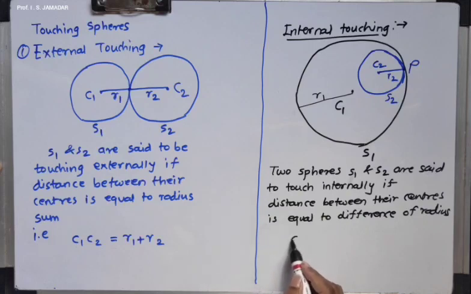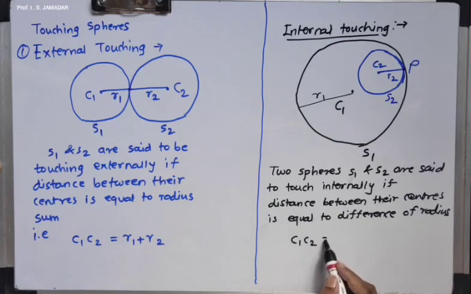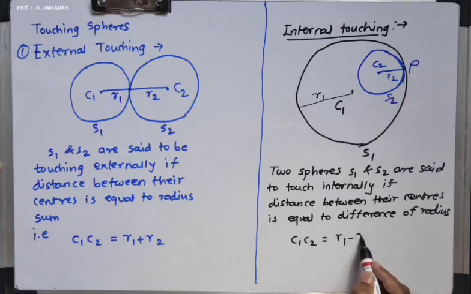That is, we can say that the length C1C2, the distance between the centers, is equal to the difference between the radii. So the larger radius R1 minus the smaller radius R2.